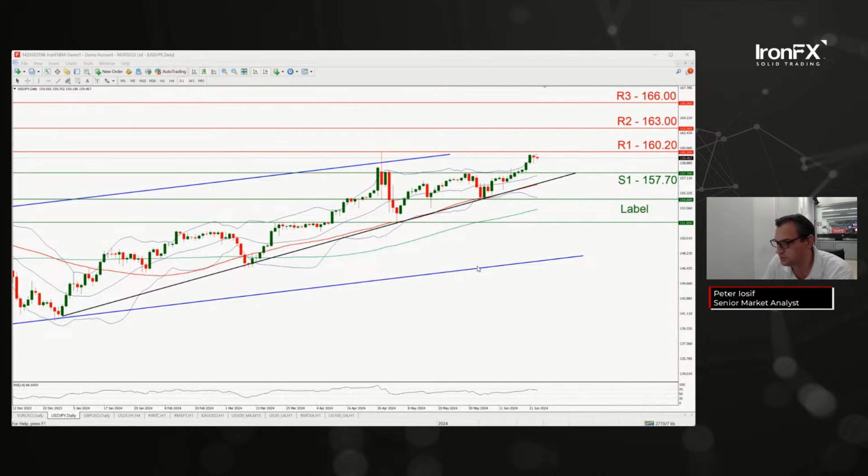Second support line at 154.60. And the third support line at 151.85.